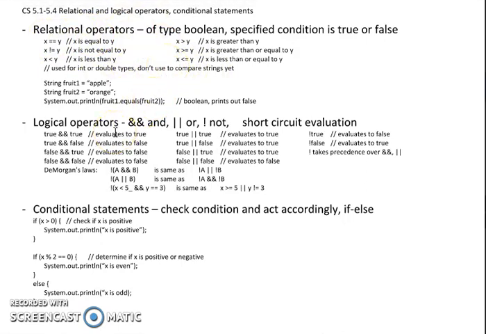Logical operators: ands, ors, and nots, that's what they are. And is written with two ampersands, or is written with two vertical bars. If you do one ampersand instead of two, it actually ands the two arguments together bitwise.